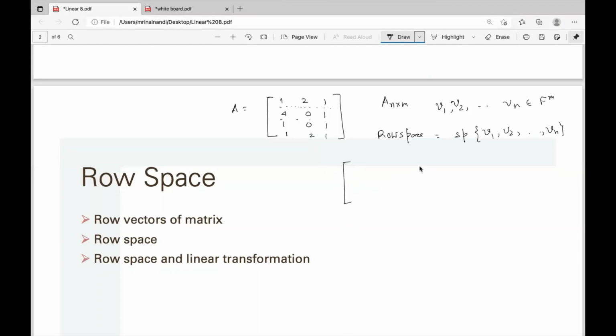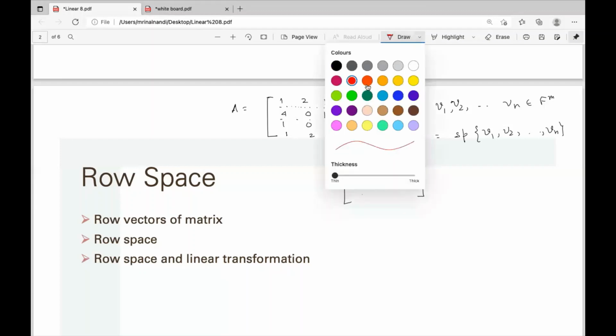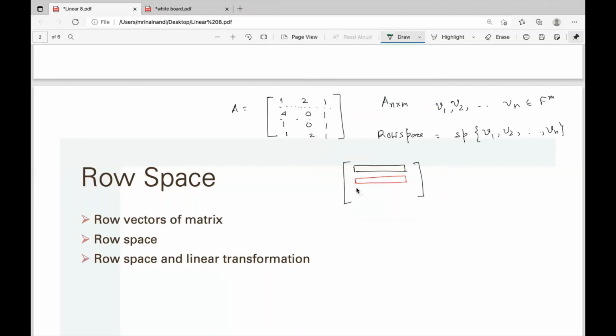So think of this. This is a matrix. This is one row, this is the next row, and so on and so forth. This is another row.